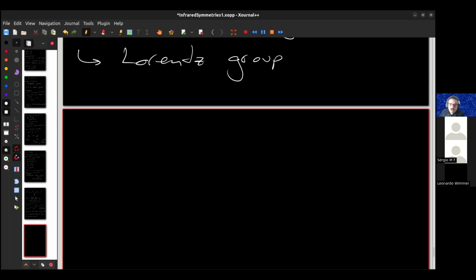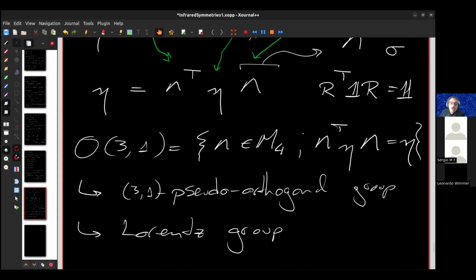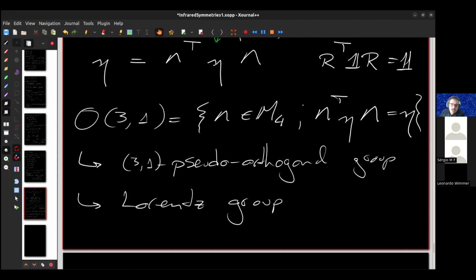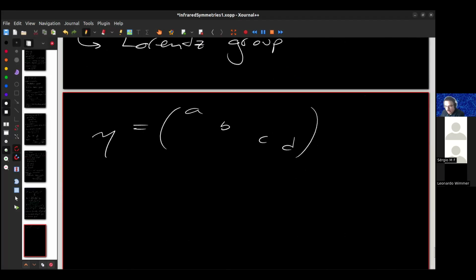And then there is the more general modification, which is what I think you're thinking about, which would be to change this guy in the metric to, for example, A, B, C, D, where these guys, I'm assuming, are real. If they're complex, you can do a few different things, but this is the most important thing.